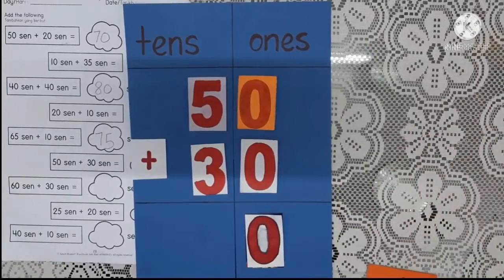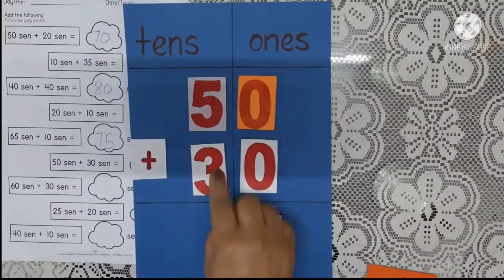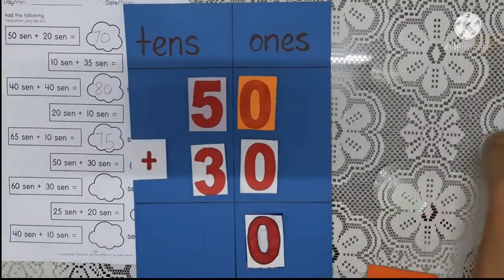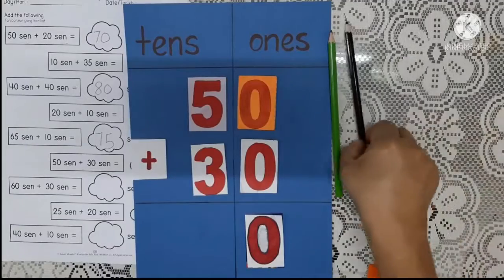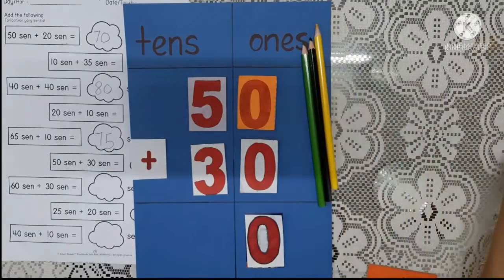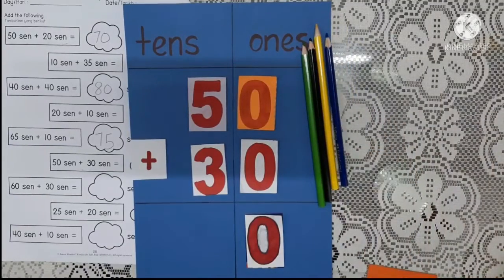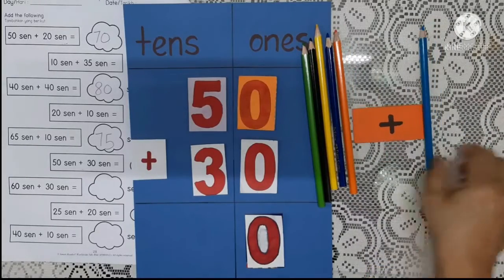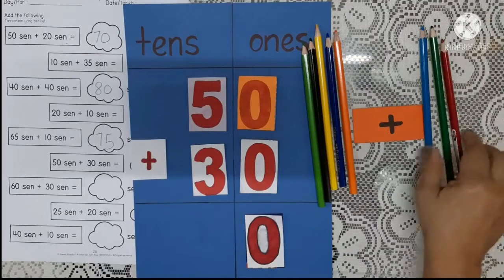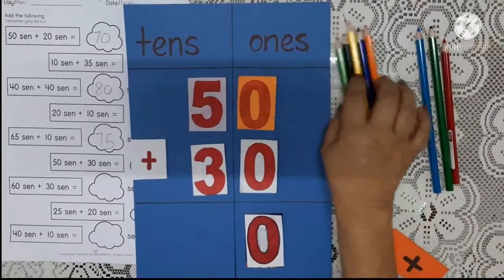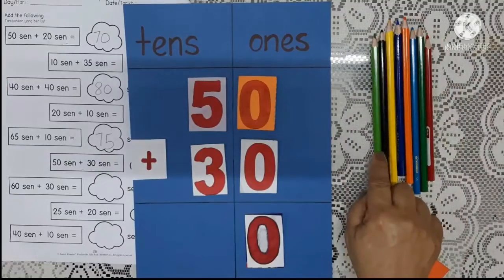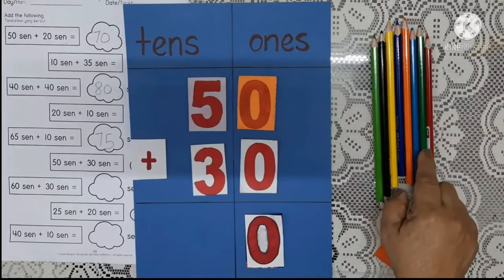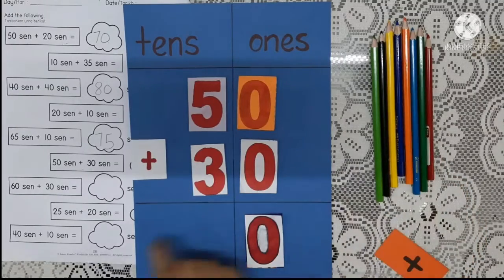Now the next, the tens column. 5 plus 3. Now let's take 5 pencils. 1, 2, 3, 4, 5. Plus 1, 2, 3. Alright, now let's bring them together. 1, 2, 3, 4, 5, 6, 7, 8. 8.